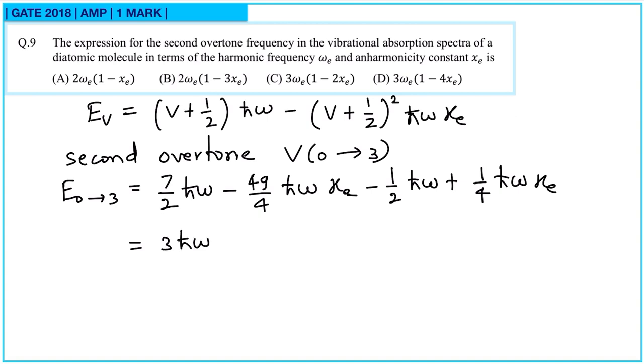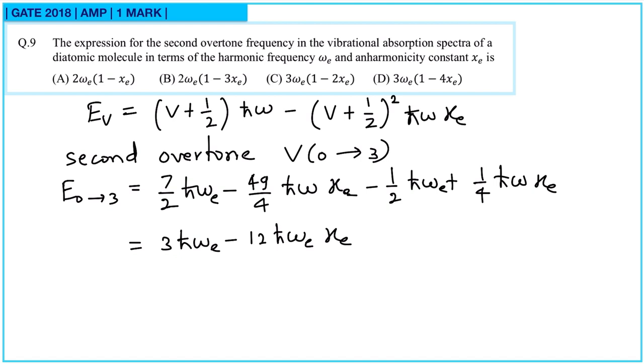So 3 h cut omega E, minus 12 h cut omega E chi E.